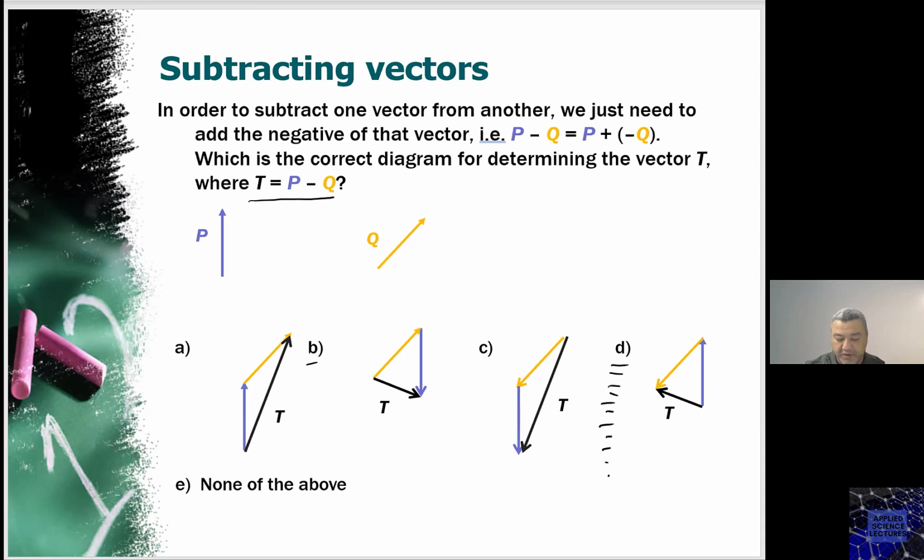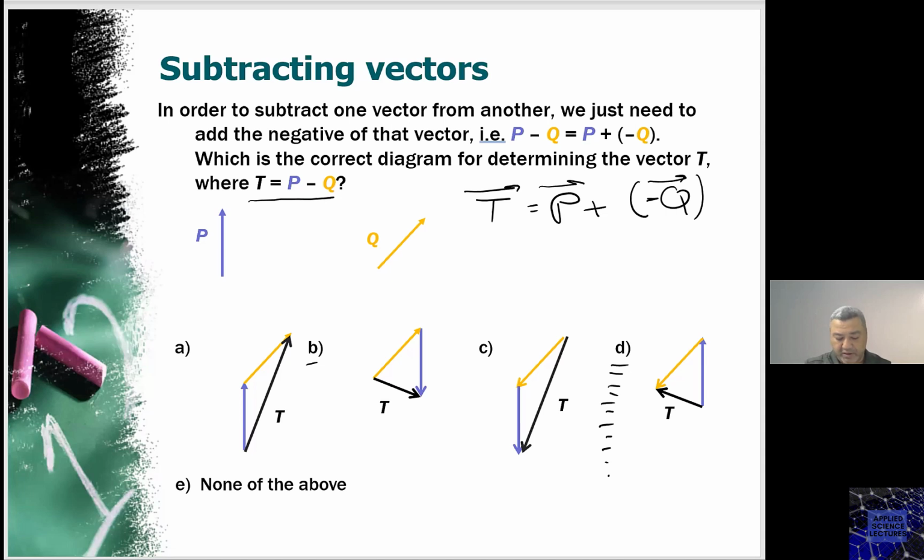Why D? Because when I say P minus Q, this indeed means that I am adding P to a vector that I'm calling minus Q. So it's easier for me to flip the vector and add it.